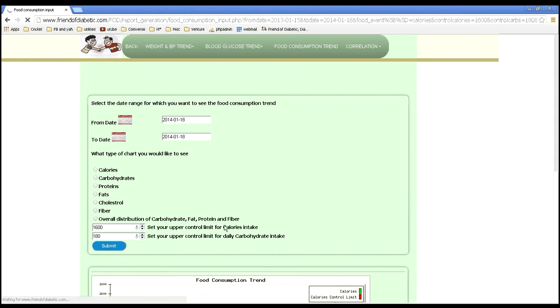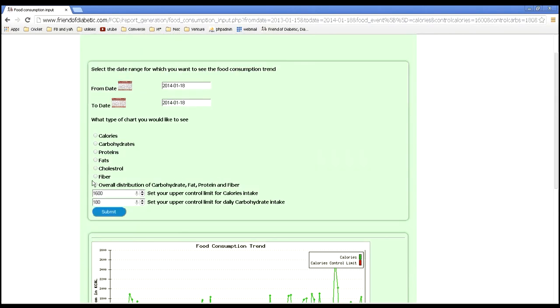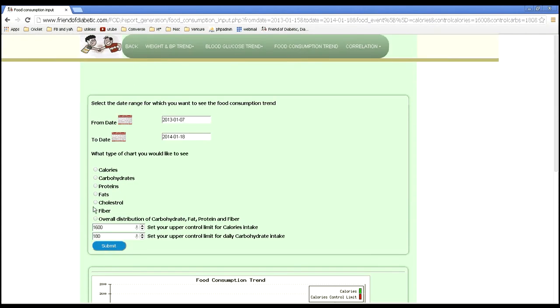Let's see how I have done for calorie. This red line is the line of control, and you can see that most of the readings are below this red line, so the calorie intake has been pretty much on target. You can also see an overall distribution of different food components in your meal.